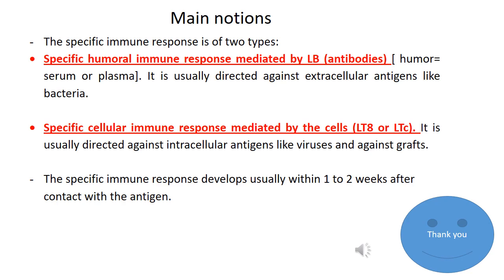The specific immune response develops usually 1 to 2 weeks after contact with the antigen. And don't forget that we called it specific because this type of immune response varies according to the type of antigen. If it's a virus, for example, it is going to be cellular immune response or cell-mediated immune response. And if it's a bacterium, it's going to be humoral immune response or humor-mediated immune response.